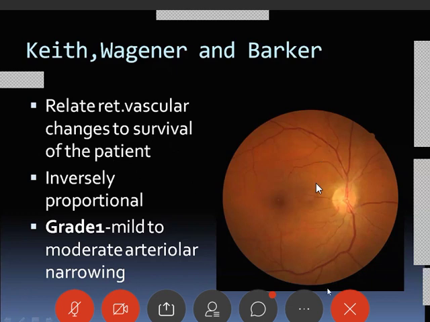That means by looking at the retinal vascular changes, we can tell about the survival of the patient. Both are inversely proportional: if more retinal vascular changes are present, then the survival rate is very low.